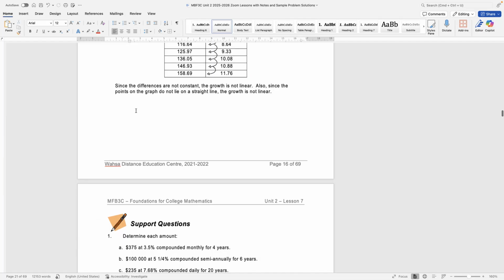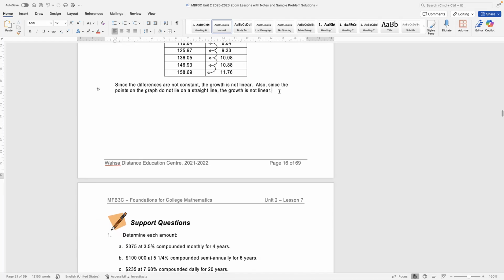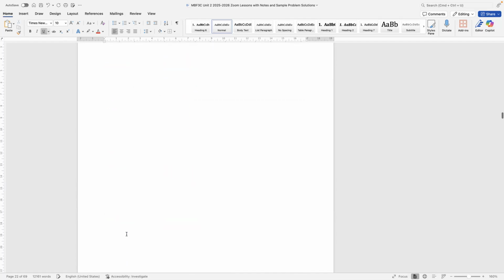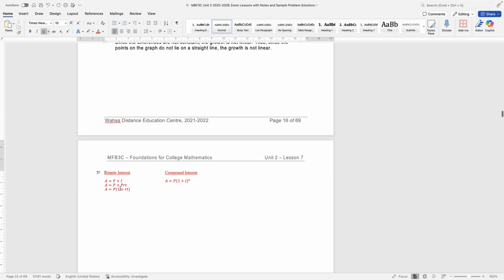So I want to do a problem down here. We'll do it on a new page. So Command Enter, and then I'll get down here. So this is how we do simple interest and compound interest.